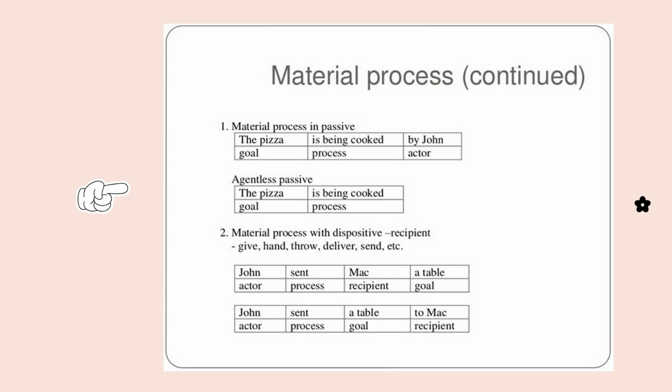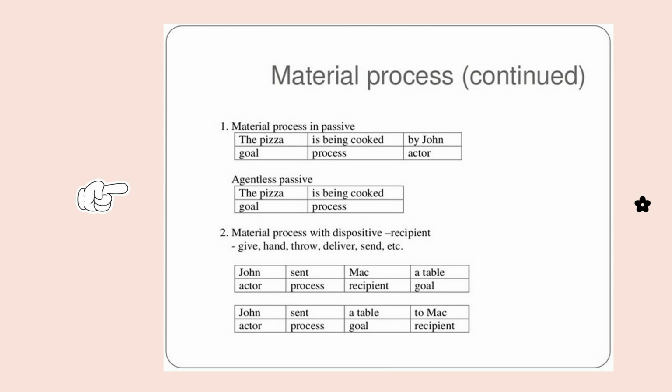The second is material process with dispositive or recipient, such as give, hand, throw, deliver, send, and etc. The first is an active sentence: John sent Meg a table. John as actor, sent as process, Meg as recipient, a table as goal.